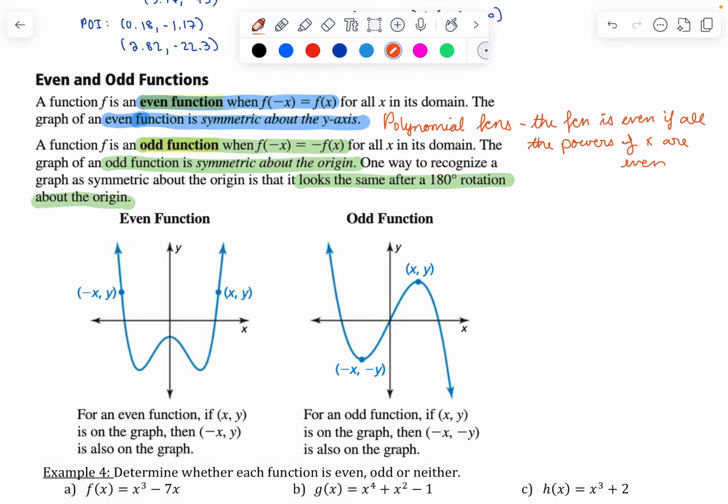And similar to what we just added up here, for polynomial functions, the function is odd if all the powers of x are odd.